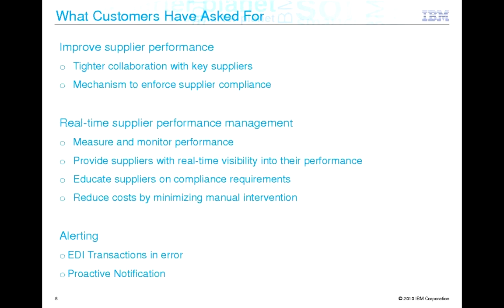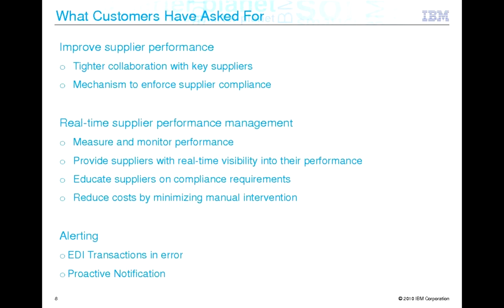So some of the things I've seen customers asking for when talking to them are, how do I improve supplier performance? I want tighter collaboration with those key suppliers. And how I get there is I put a system in place where I can monitor and measure what's going on. You'll see that here in a second. But the adage, you cannot improve what you can't measure, really takes effect here.